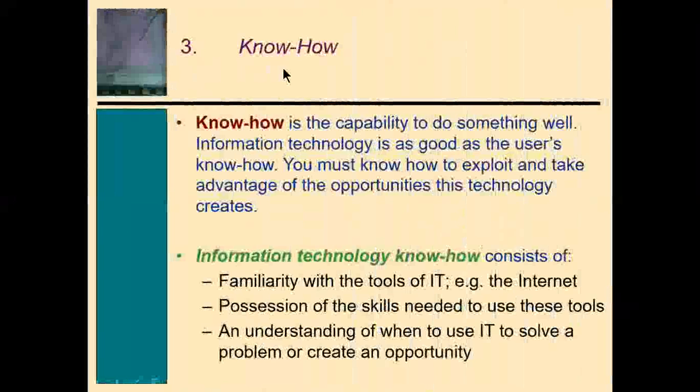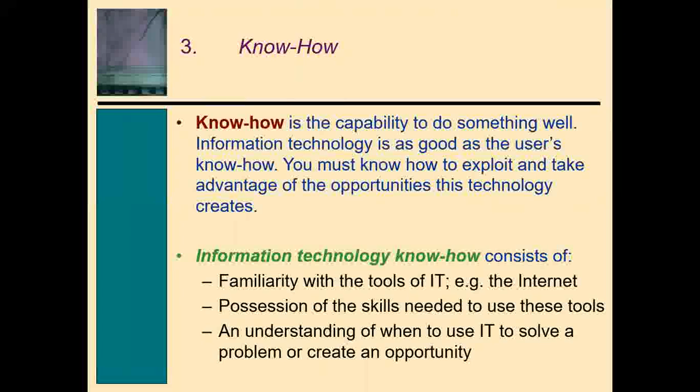What about the third pillar of information technology? It is the know-how, that capability to do something well. So information technology is only as good as the user's know-how. What does this mean? If you are ignorant and don't know anything about information technology, and you're given a very powerful gadget for ICT, you underuse it.